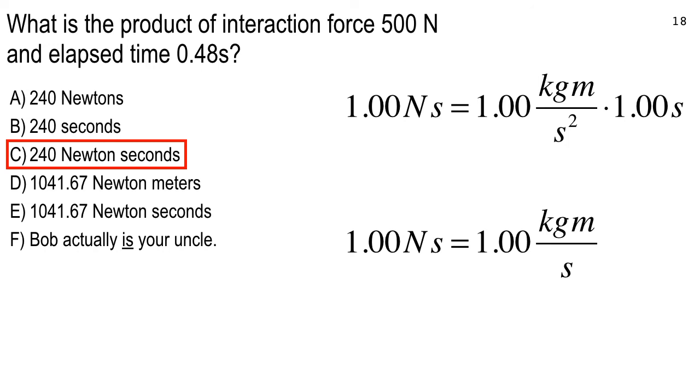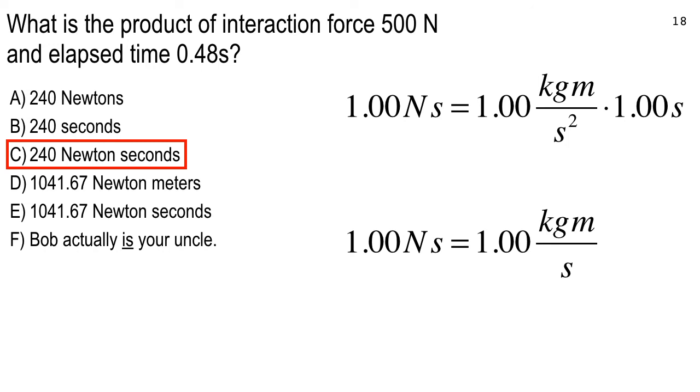This is not the same calculation, but 1.0 Newton seconds, if you look up here on the top, the second part of the top equation says 1.00 kilogram meter per second squared. That's a Newton. And then the other part is 1.00 seconds. That's the multiplication, the two numbers that are being multiplied.